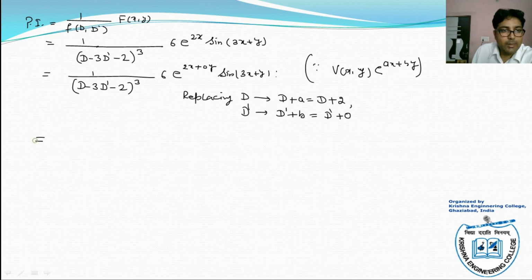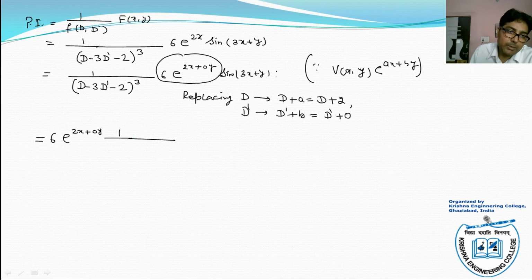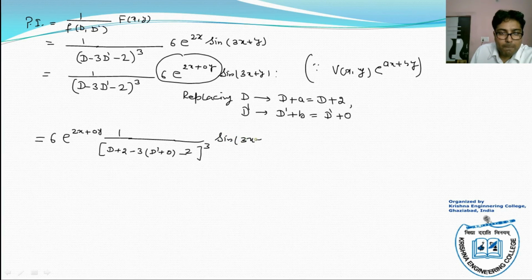Now the whole work of the exponential must be finished, so we take it out of the integration. So this becomes 6 e to the power 2x plus 0y, clear? The remaining term is, D replaced by D plus 2 minus 3, D' replaced by D' plus 0 minus 2, whole power 3, sin(3x plus y). Clear?